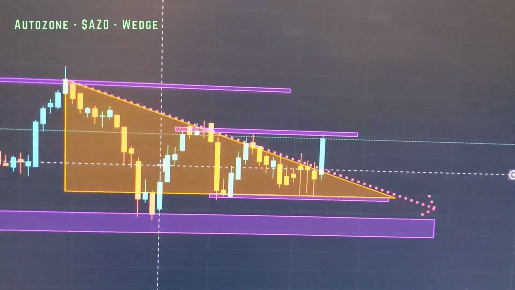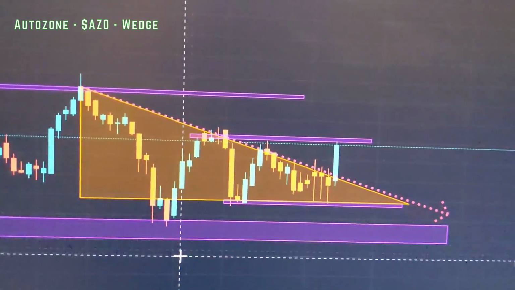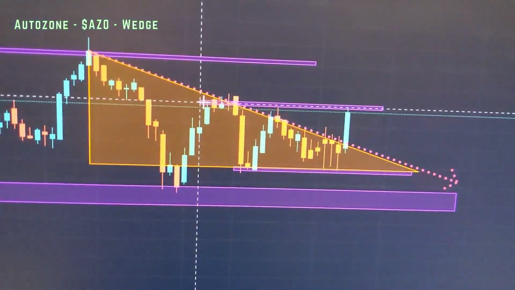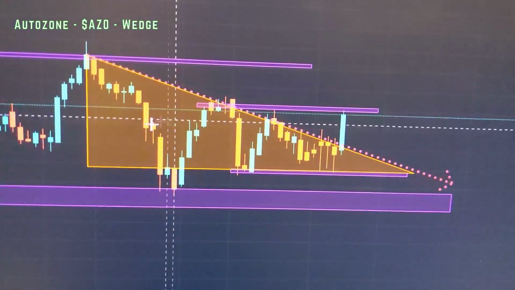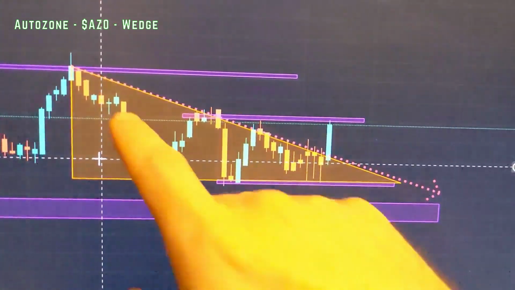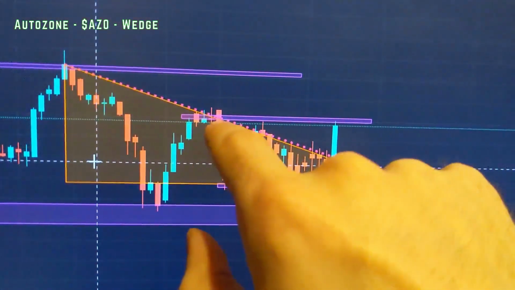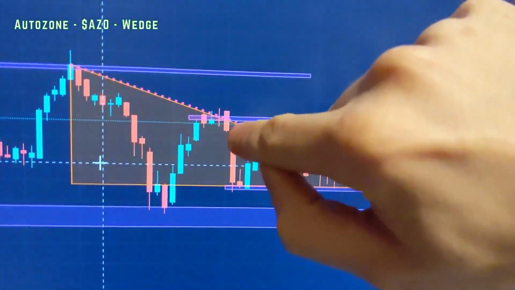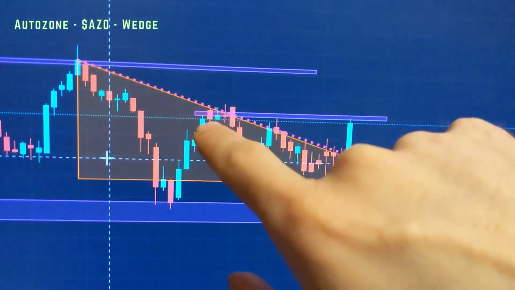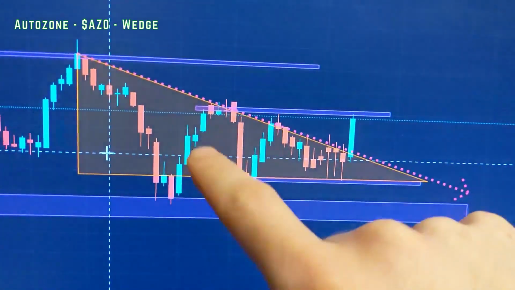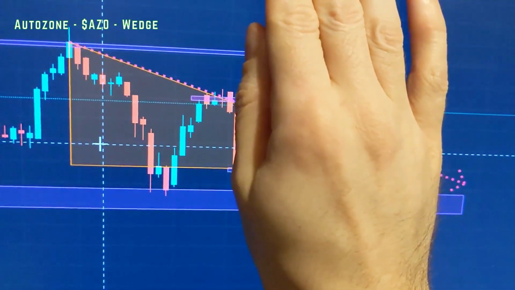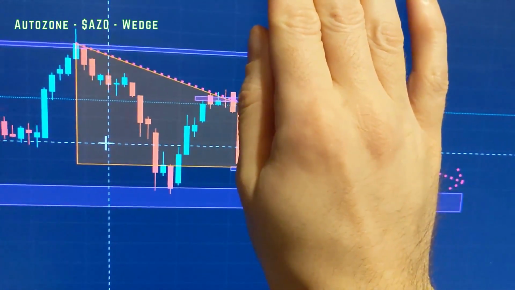And I also wanted to note, I drew this. I've been following AutoZone and a lot of stocks for a while, and I did not draw this wedge, but I had drawn this area of resistance back around this date, right? And anytime I draw a support or resistance, let's pretend that this is today, and I'm looking at this chart.